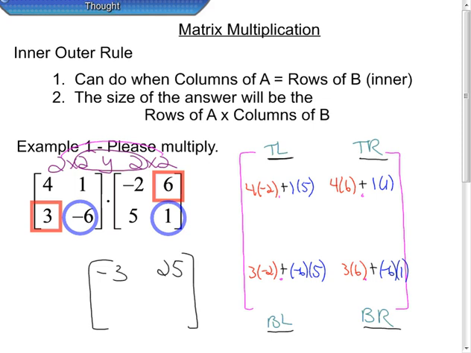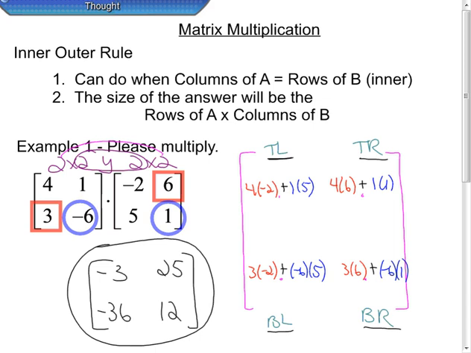And then the bottom left, I'm going to get negative 6 plus negative 30 is negative 36. And then in the bottom right corner, I'm going to get 18 plus negative 6 is 12. And that is my 2 by 2 matrix, which is the product of these two matrices that I have given here.